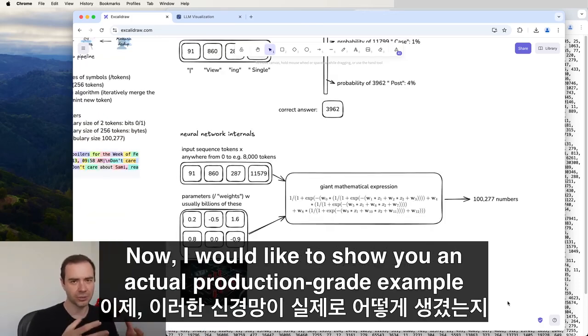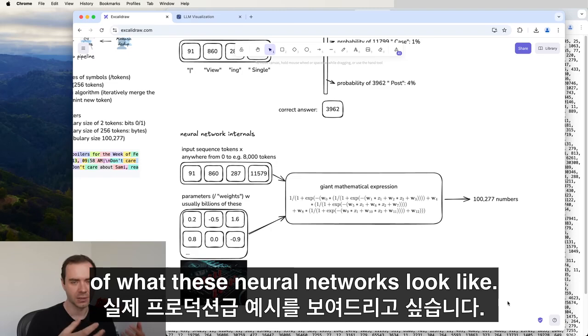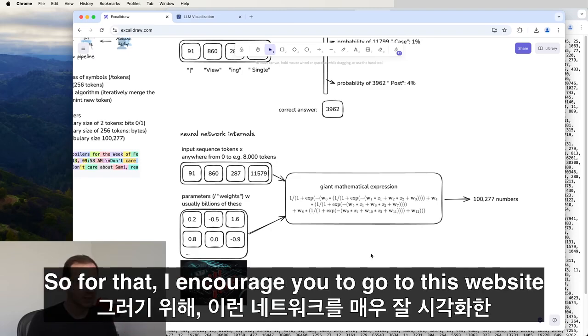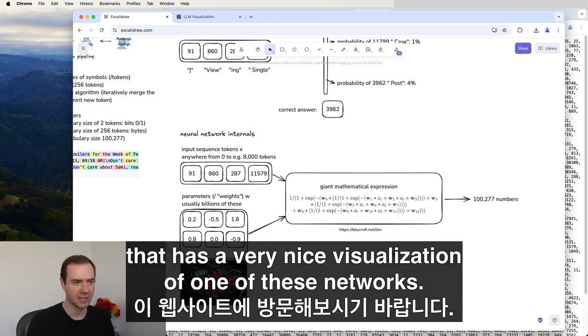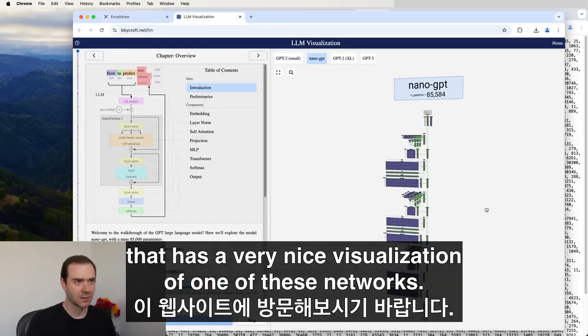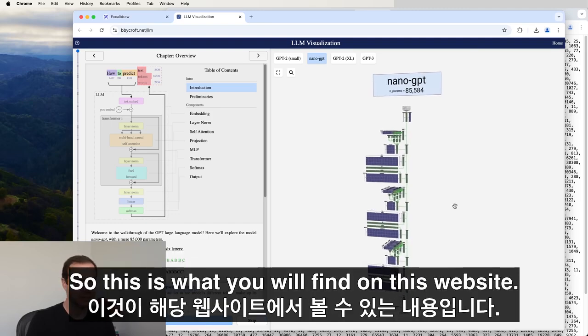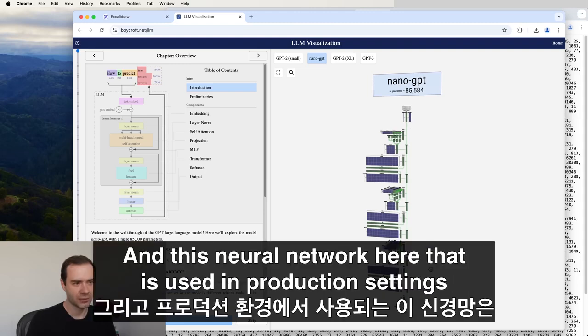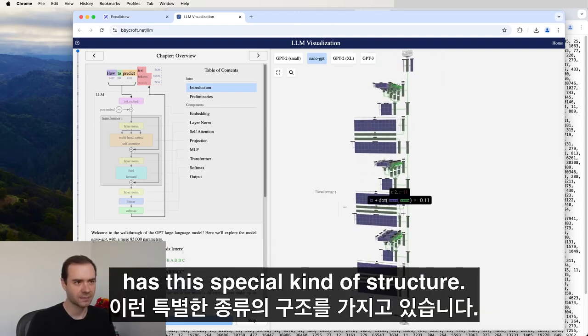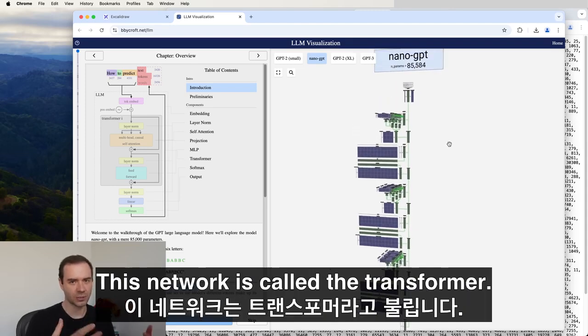Now, I would like to show you an actual production-grade example of what these neural networks look like. For that, I encourage you to go to this website that has a very nice visualization of one of these networks. This is what you will find on this website. And this neural network here that is used in production settings has this special kind of structure. This network is called the transformer.